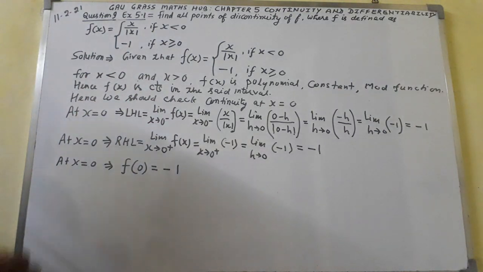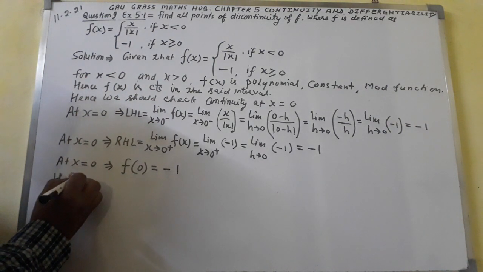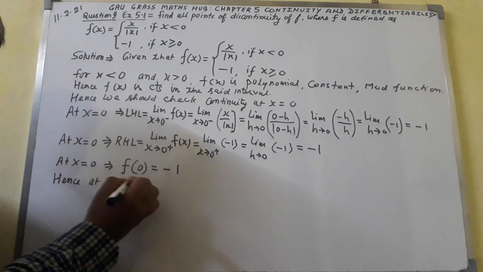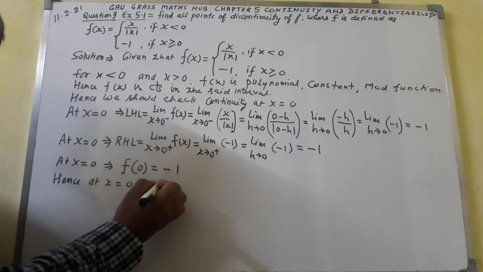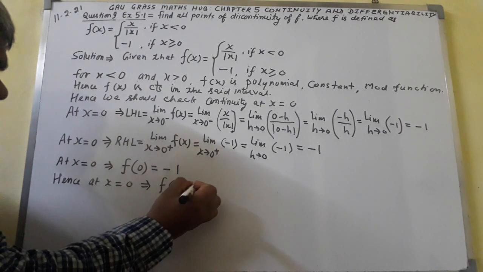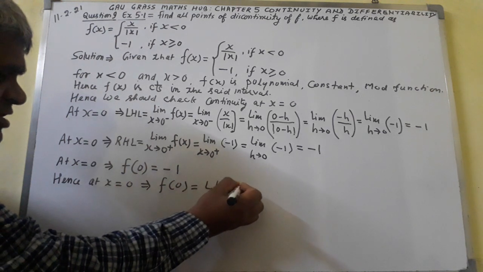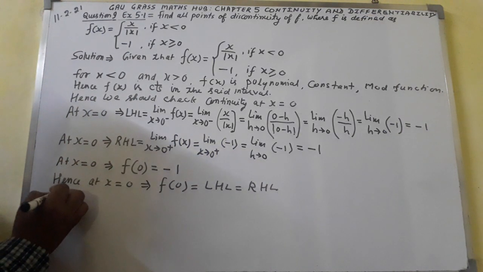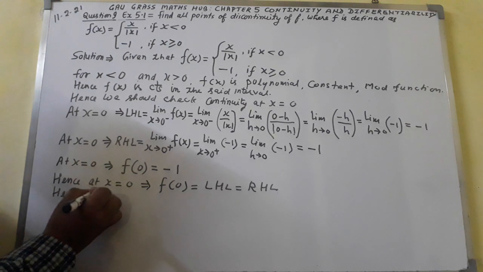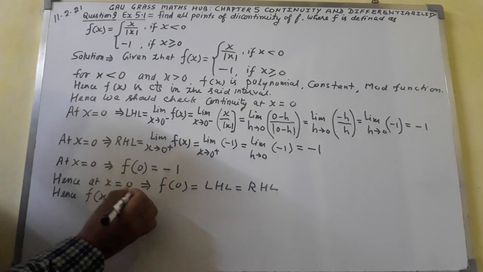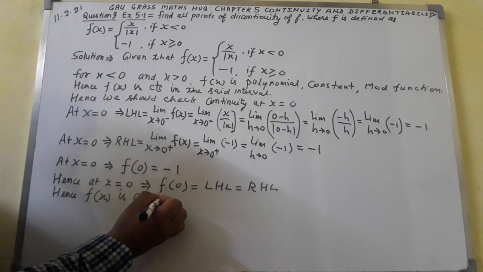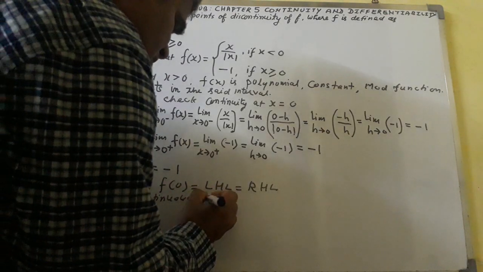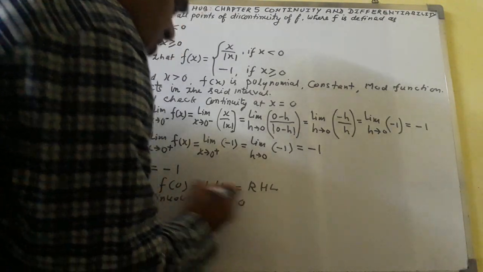So here I shall write, hence at x equal to 0, f of 0 is equal to left hand limit is equal to right hand limit. Hence f of x is continuous at x is equal to 0.